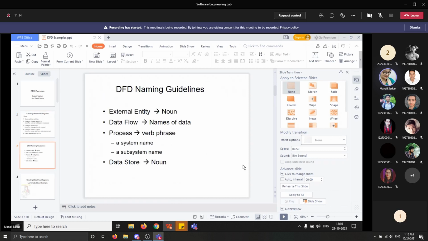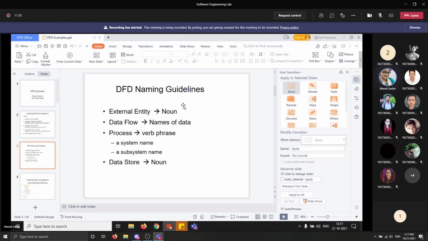So see here how you will be following the DFD naming guidelines. Remember, whatever external entities you take are actually nouns. How will you identify them if you are given a paragraph from which you need to construct a DFD, say for a library management system?